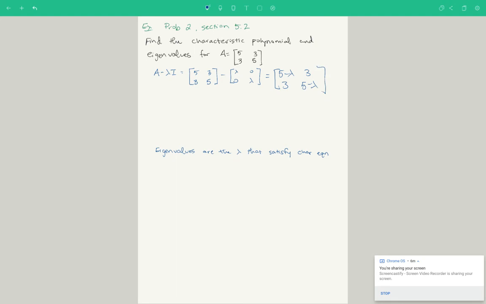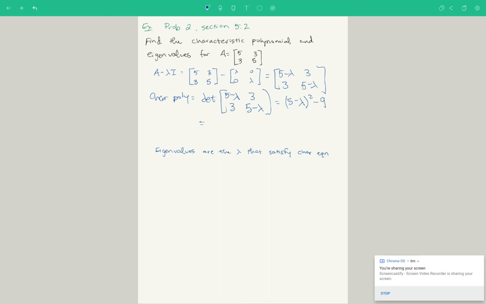So then the next thing we want to do is find the characteristic polynomial. The characteristic polynomial is just the determinant of that thing we just found. So the determinant of 5 minus lambda, 3, 3, 5 minus lambda. We find the determinant by taking the product of the on-diagonal entries and subtracting off the product of the off-diagonal entries.